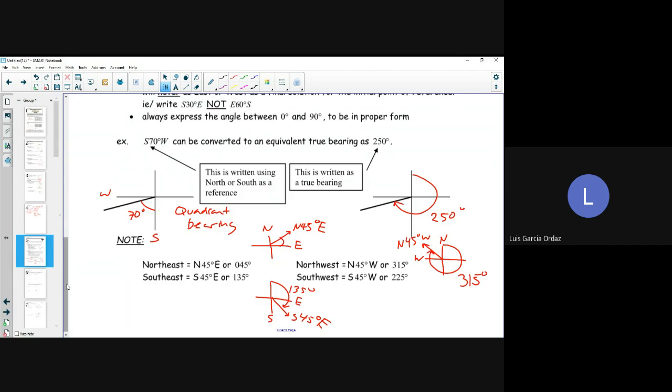And last but not least, our bearing southwest, which is right here. Again, this is south, this is west, this is north, and we always start at 000. This is south 45 degrees west. Or if I start from 000 and go all the way clockwise, this is also the same thing as saying 225 degrees.